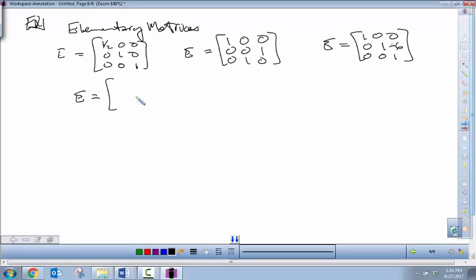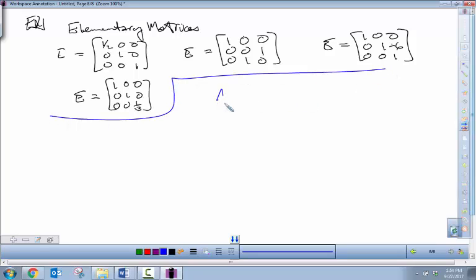I think one of the other elementary row operations that we did was we multiplied the last row by 1/3. Right? All right, so these are examples of elementary matrices.